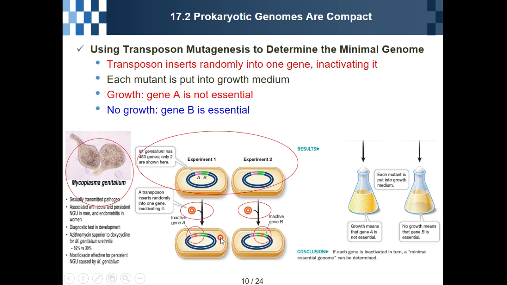After that, each mutant is put into the growth medium. If it grows, that means this gene A is not essential.